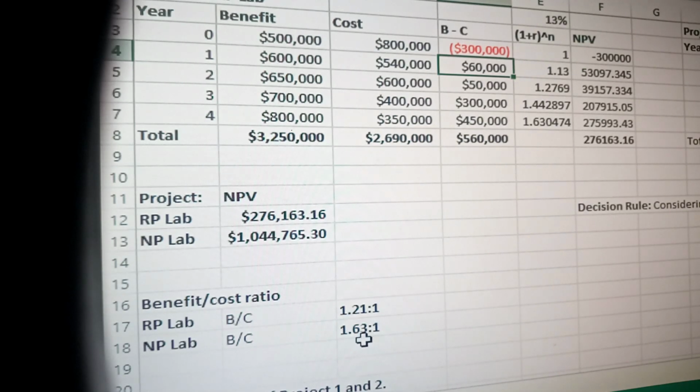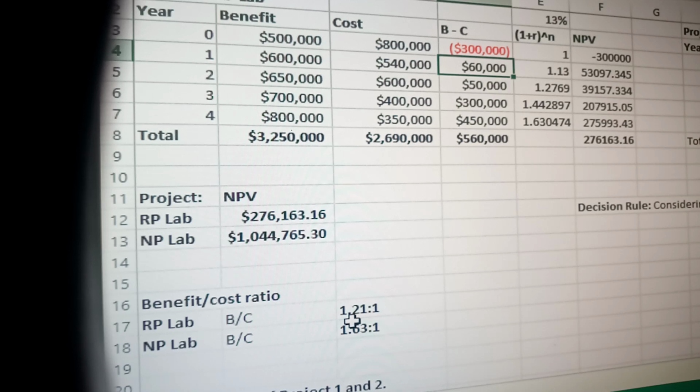Now, the question is, these two projects are not independent projects. According to the decision rule for NPV, when two or more projects are mutually exclusive, even if all their NPVs are positive, you will choose the one with the highest NPV.